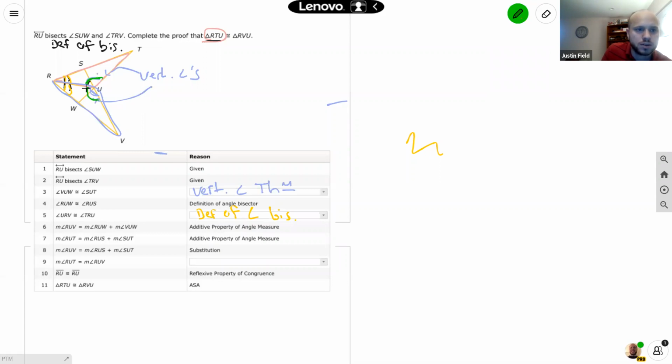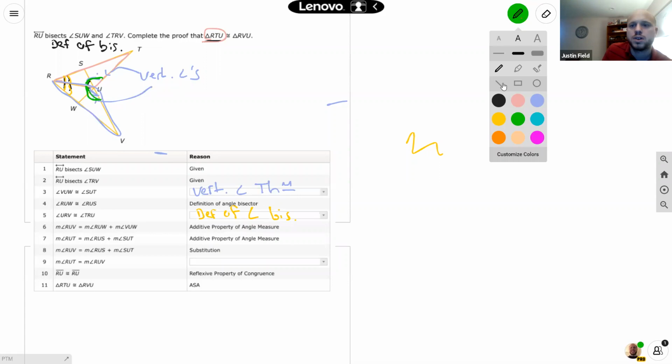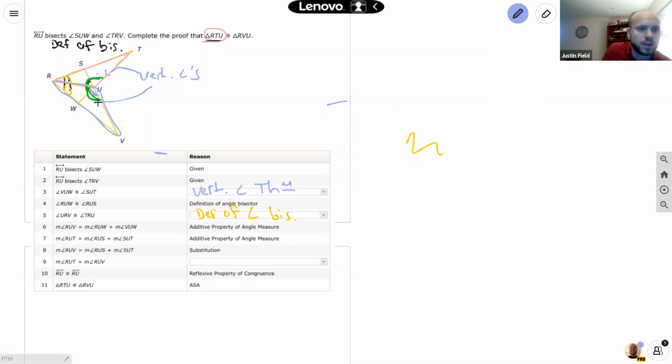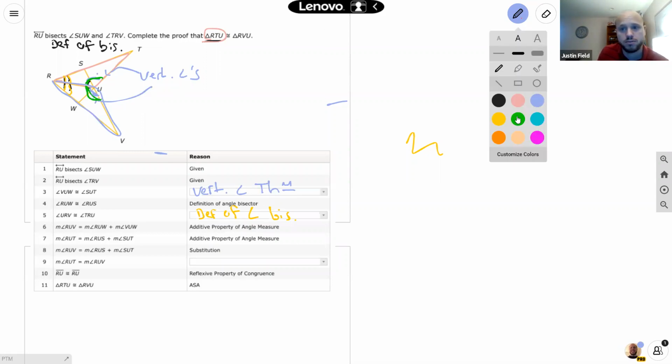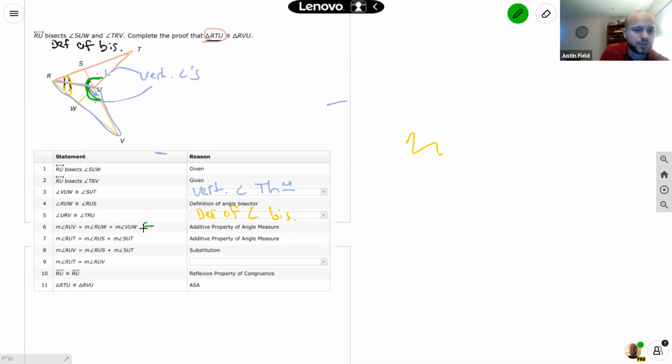The blue is only going to be just that vertical, and then the green is the whole thing. So anyway, we're doing green here. These two are saying that the two smaller angles add up to the whole thing.